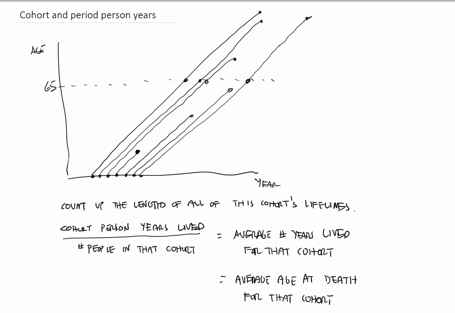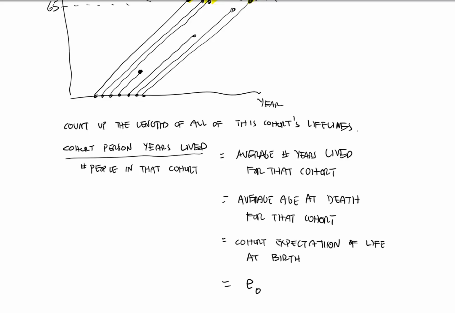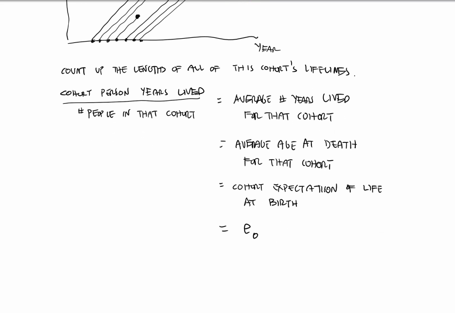Then we can count the lengths of each of these lines for this cohort after age 65, and then divide by the number of people who made it to age 65. That's how we would calculate expectation of remaining life at age 65 for this cohort.